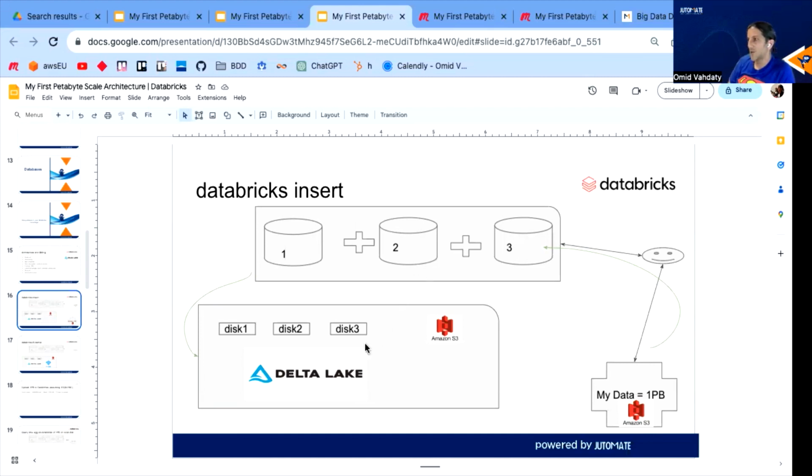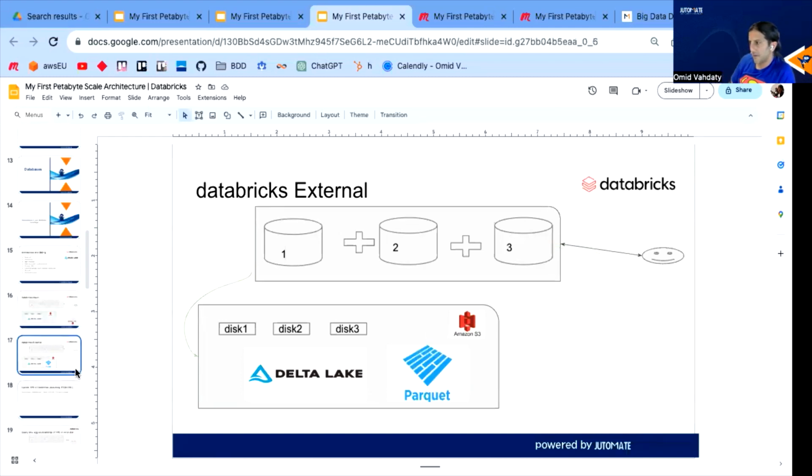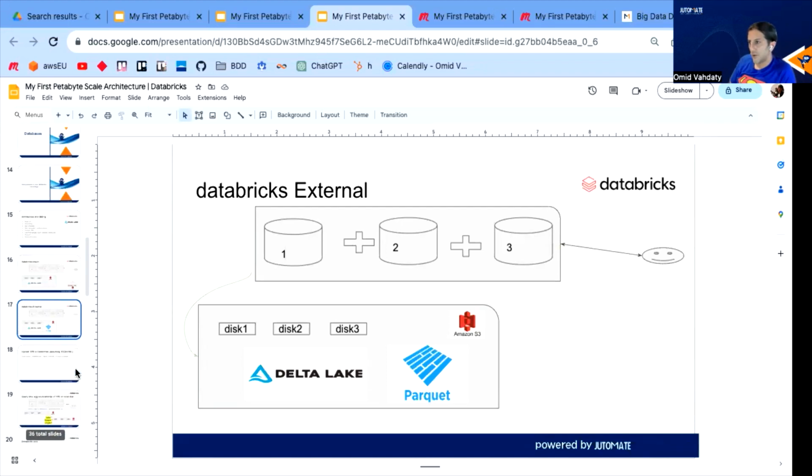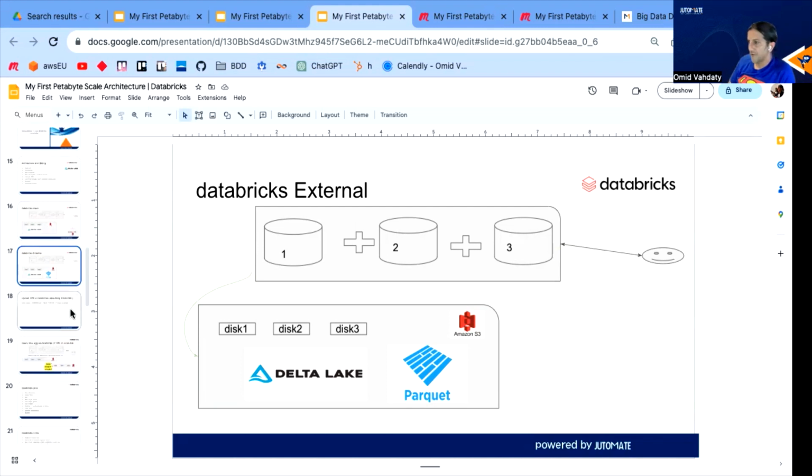You can use a Delta Lake storage format on top of S3, or you can use your own storage format on S3. Both are acceptable and make sense, but naturally using Delta Lake will have some performance gains, cost benefits, some features which will make your life easier and so forth. You can use Parquet, no problem, or any other storage format you prefer.